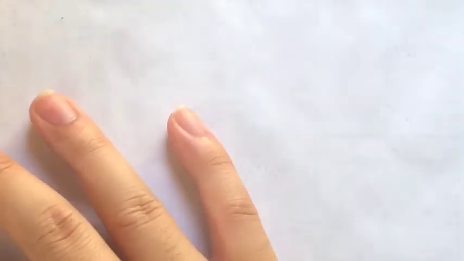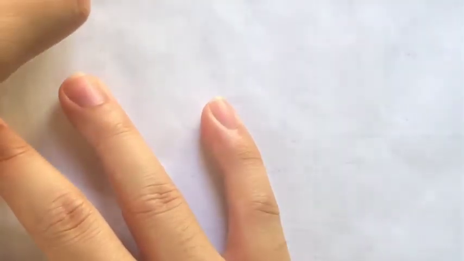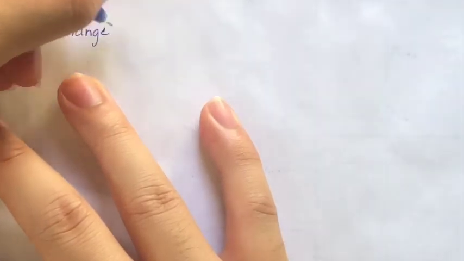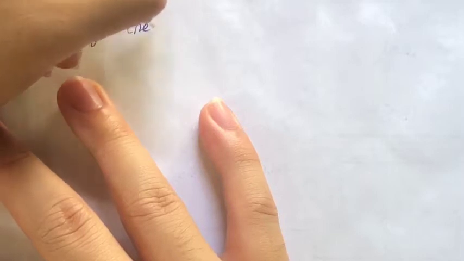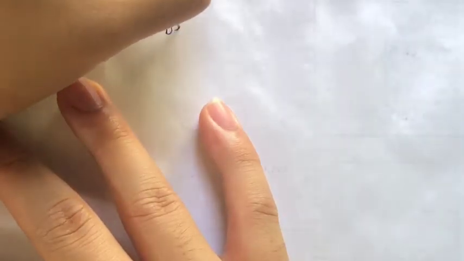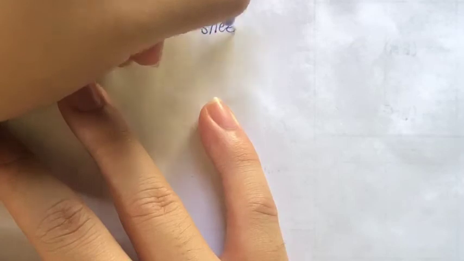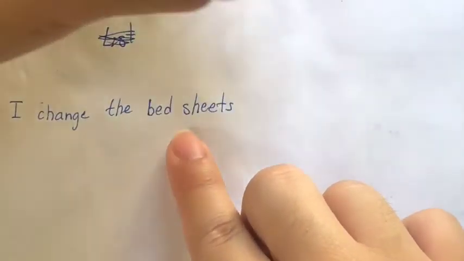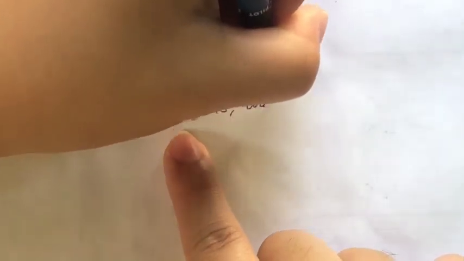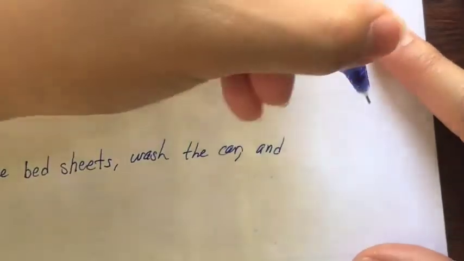So now let's try to write a sentence with a lot of verbs. Let's say, I change the bed sheets. I change the bed sheets, so the blankets on the bed. I change the bed sheets, wash the car, and make breakfast.